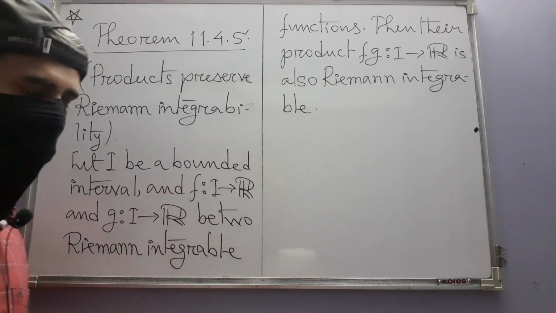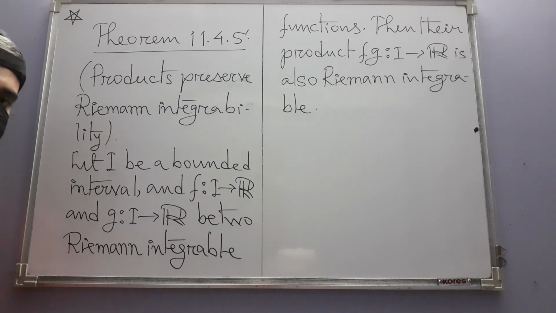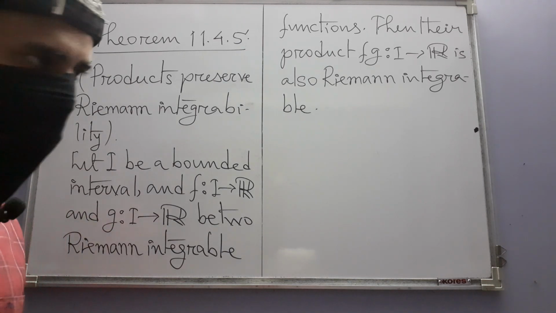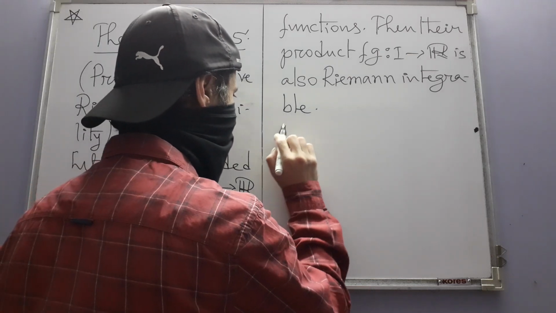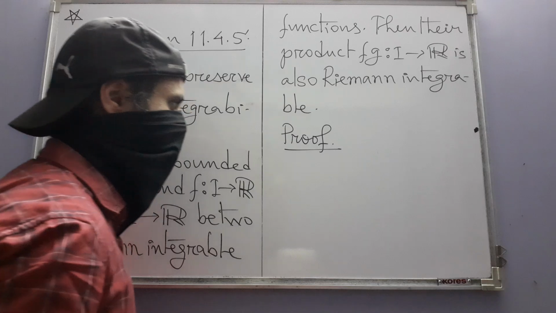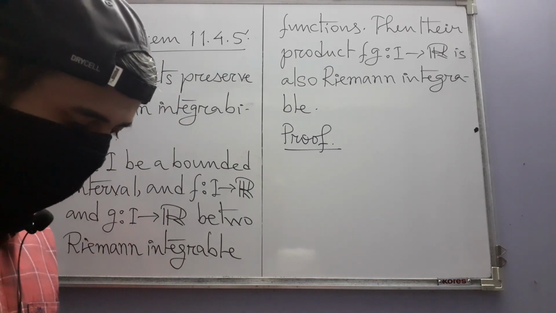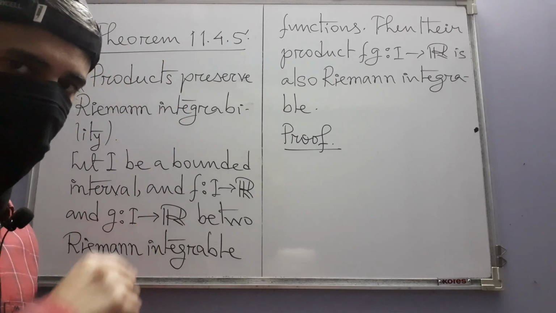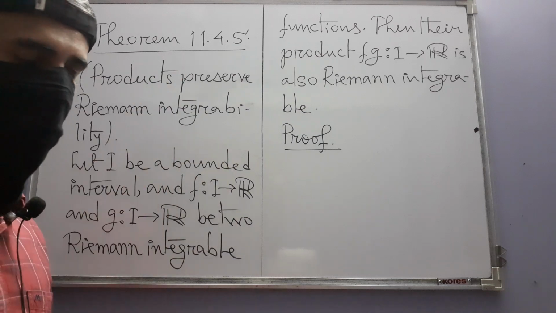Okay, so they will be addressed. It's not that we are going to just leave them. So let's start the proof. In the proof, we immediately make use of the positive and negative parts of these two functions, f and g, that come from the previous corollary.